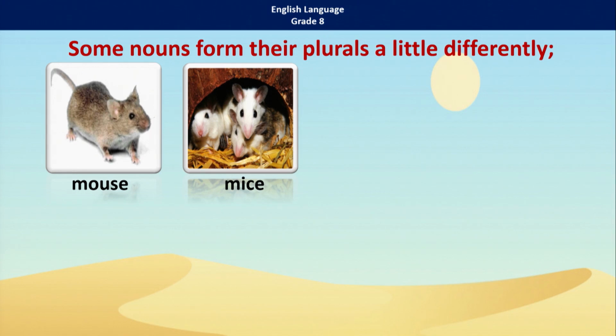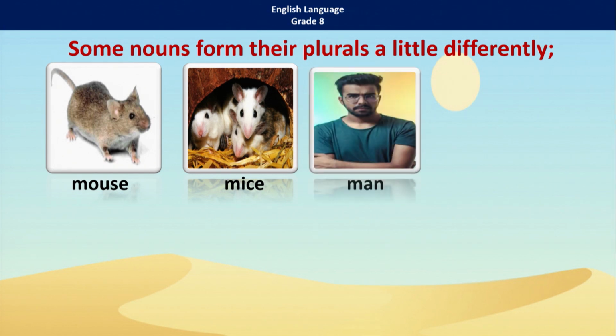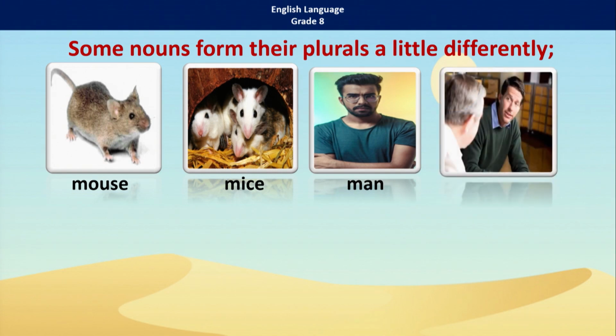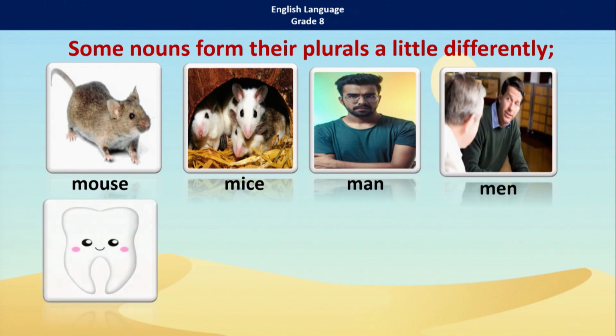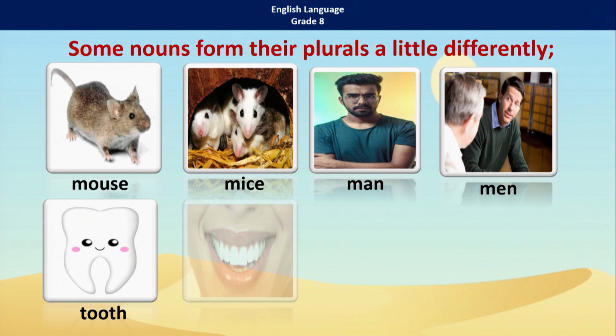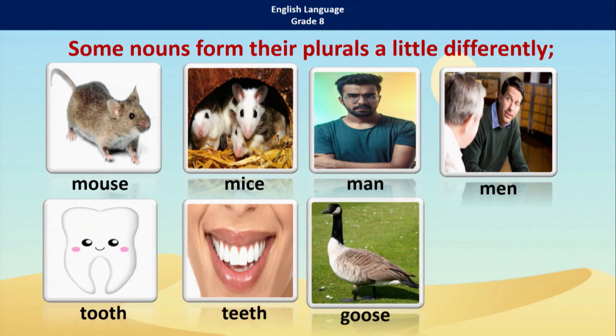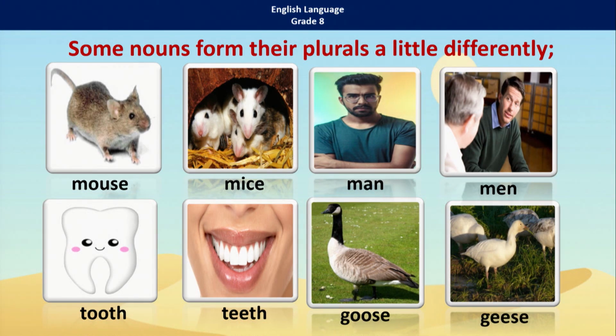So you have to remember the two words, mouse and mice. Man, men. Tooth, teeth. Goose, geese. Mouse, mice, man, men, tooth, teeth, goose, geese.